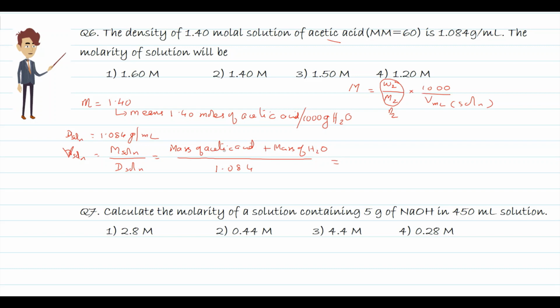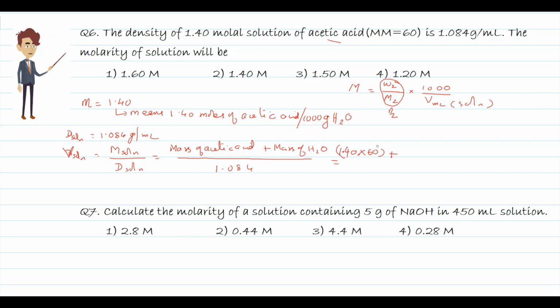How can we calculate the mass of acetic acid? We know the number of moles of acetic acid is 1.40. When moles are multiplied with the molar mass of acetic acid, 60, it will give you the mass of acetic acid.